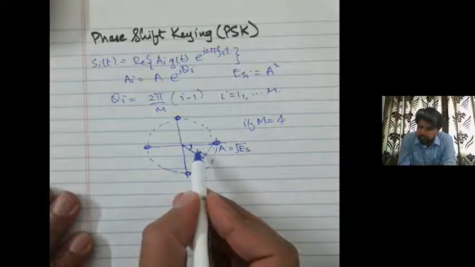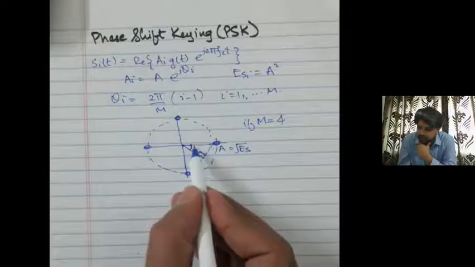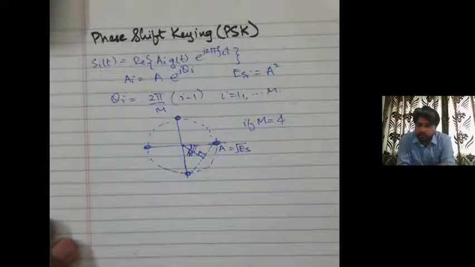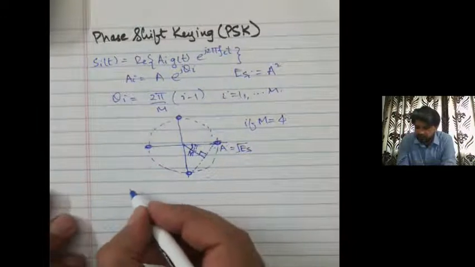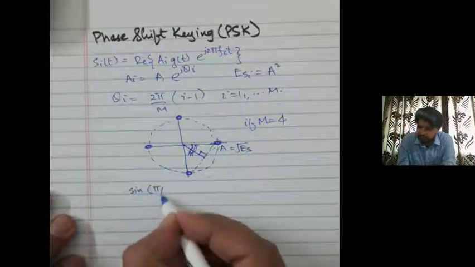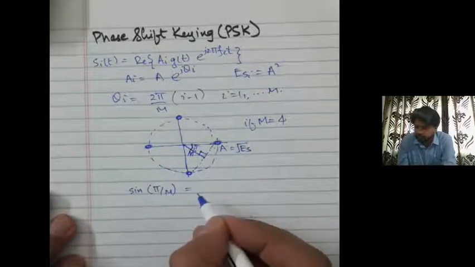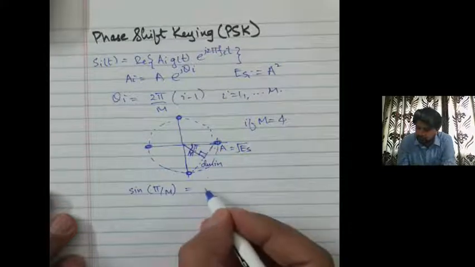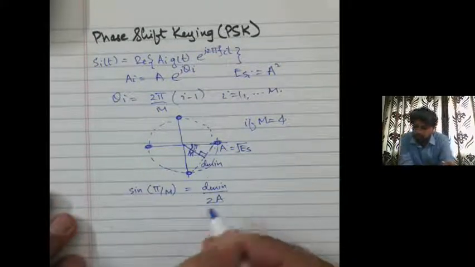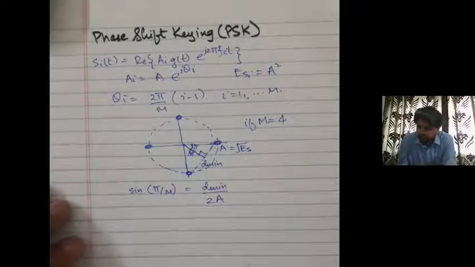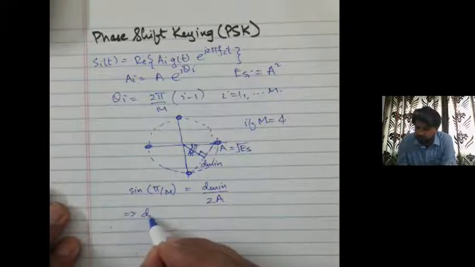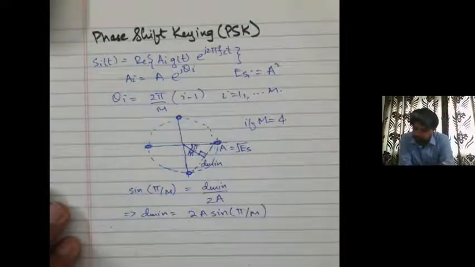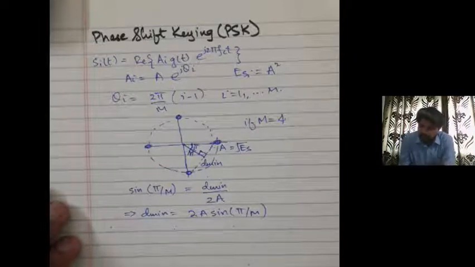Remember this total angle is 2 pi by M, so this angle would be pi by M. You can make use of a simple trigonometric identity, which says that the sine of this angle pi by M would be nothing but this: if this distance you call d min, then half of the distance would be d min by 2, over A. So this would be the identity that you can use, and this would imply that d min would be nothing but 2A times sine of pi by M, where A is nothing but root Es as well.